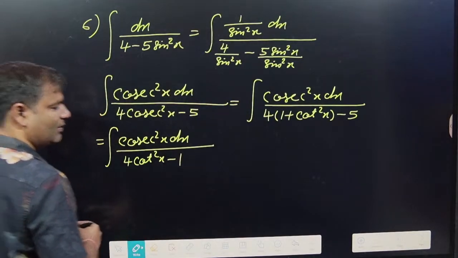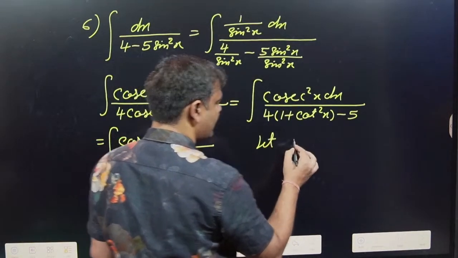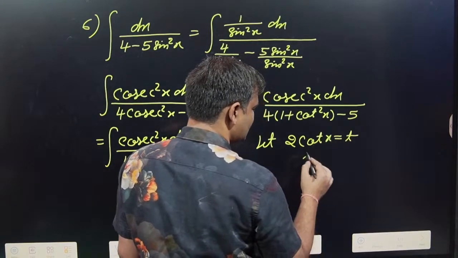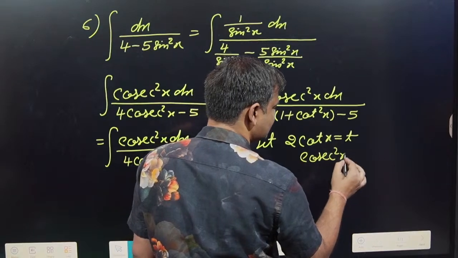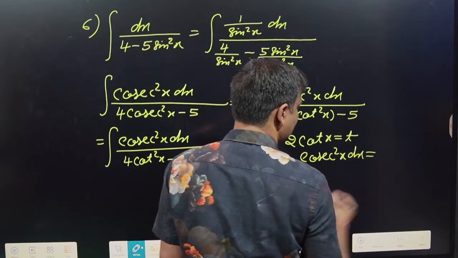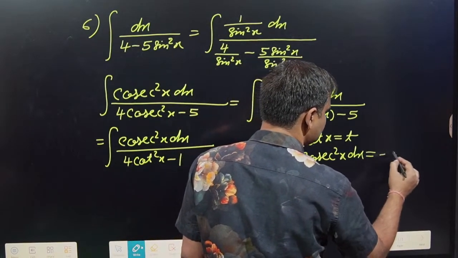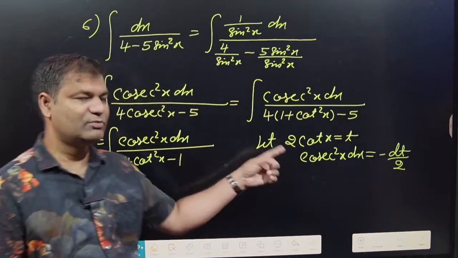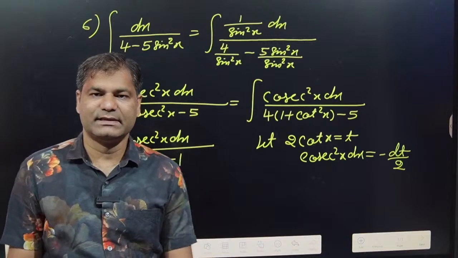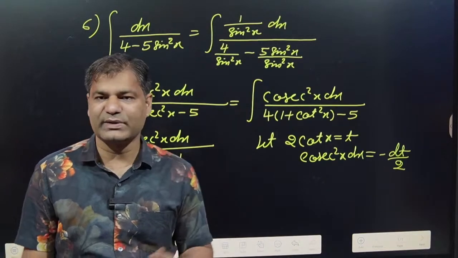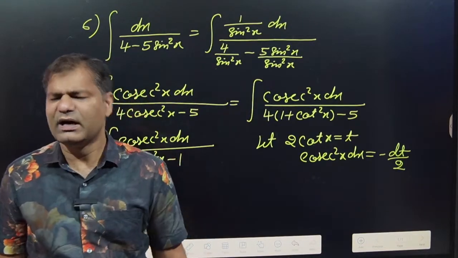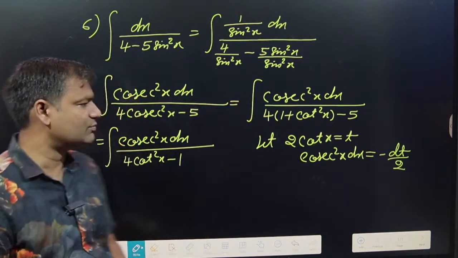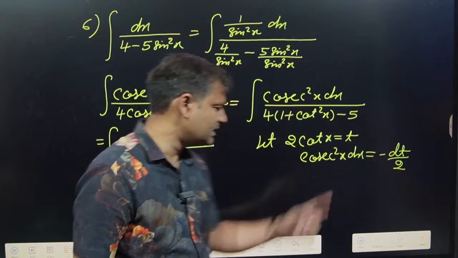Now look, let 2 cot x equal t. Differentiating, we get minus 2 cosec square x dx equals dt, so cosec square x dx is replaced by minus dt by 2.